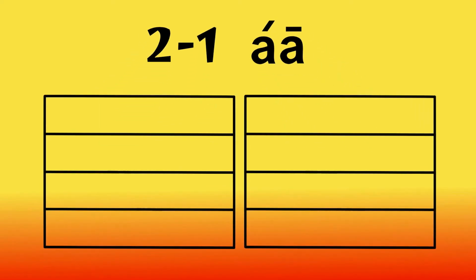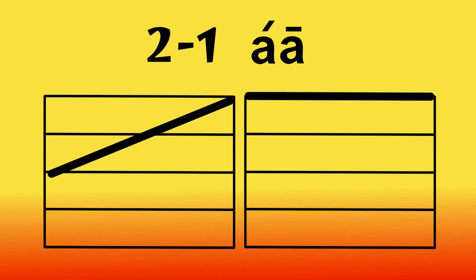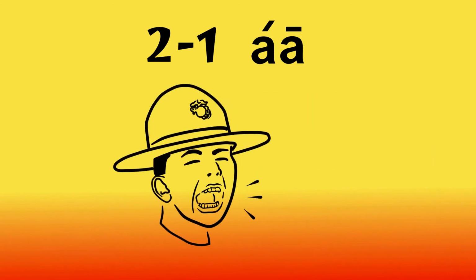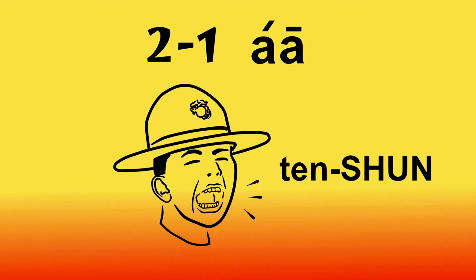Now, here's the 2-1 combination. This isn't a combo that shows up a lot in English, but it is used for military drill. Think of tension, tension.